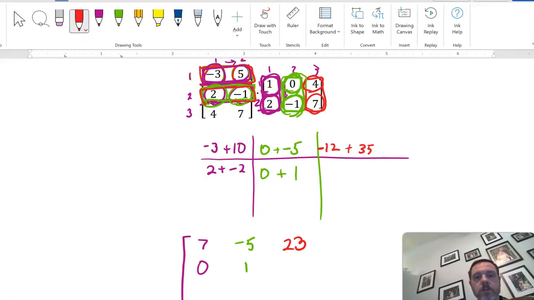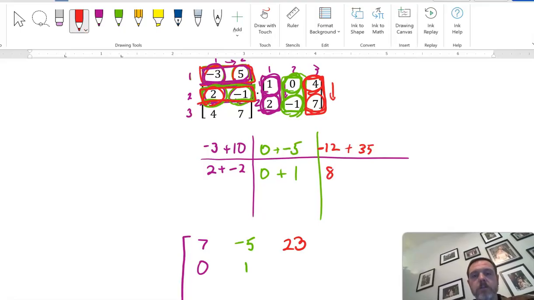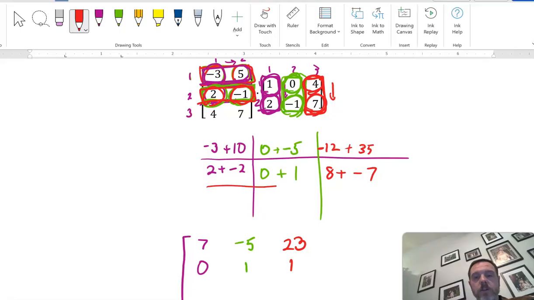Sticking with the middle row, last column: start at the top, work your way down. 2 times 4 is 8. Negative 1 times 7 is negative 7. 8 plus negative 7 is 1, and that one's done.